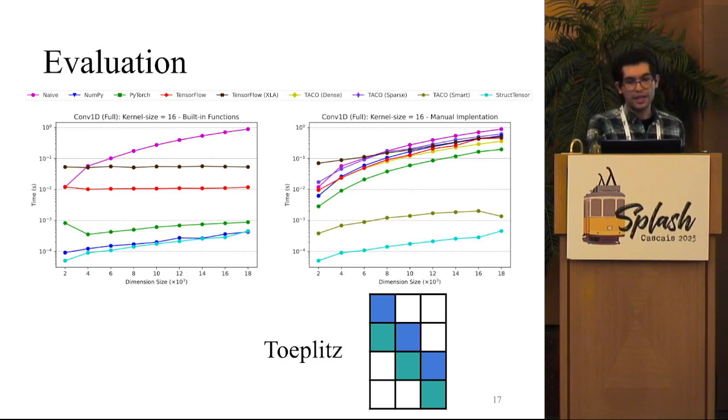On the right-hand side, we see that if we use the convolution kernel using the same libraries, but using the Toeplitz matrix multiplied by a vector, then we outperform them significantly. And even if we use the built-in kernels that they have, we can see on the left-hand side that we are competitive or outperforming all other competitors.